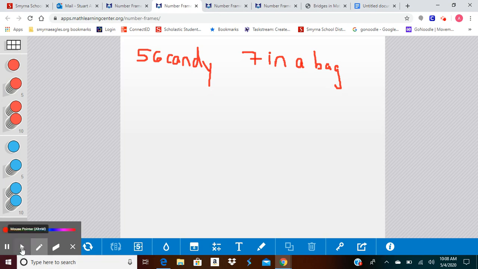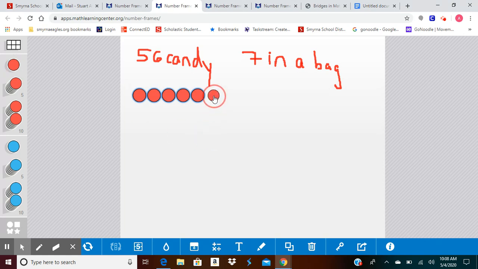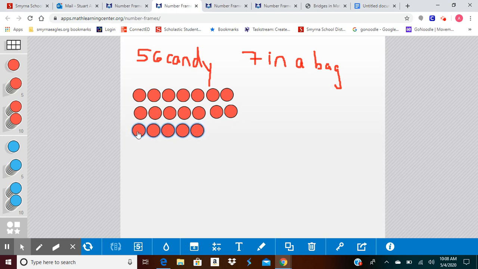So switch to our mouse. 5, 6, 7. Okay, let's count a little bit, check where we are.